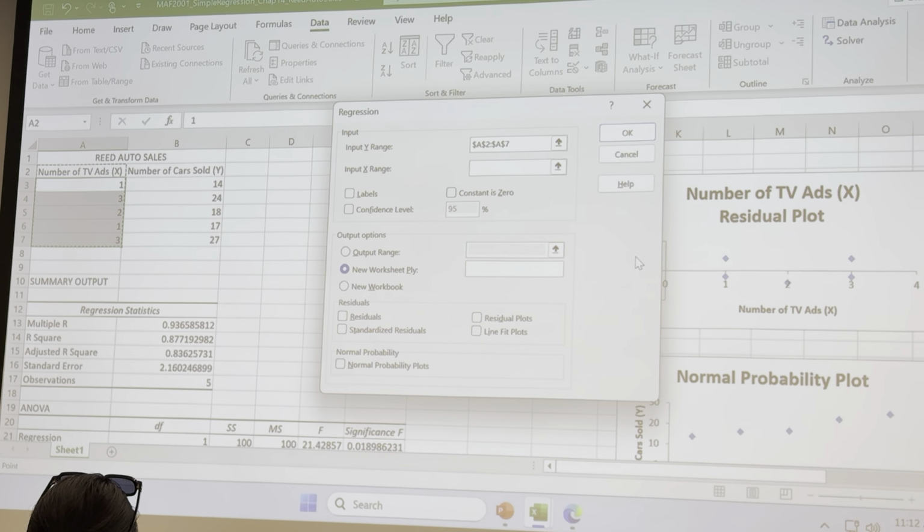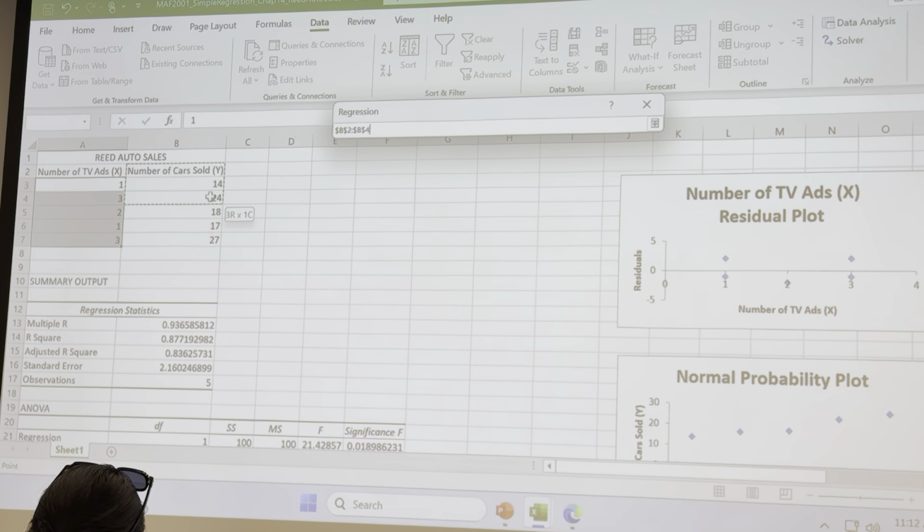Oh, sorry guys. That's too quick. So this is number of cars sold.